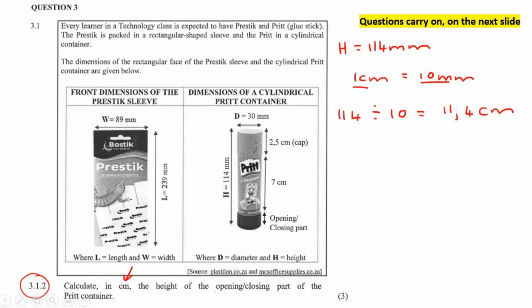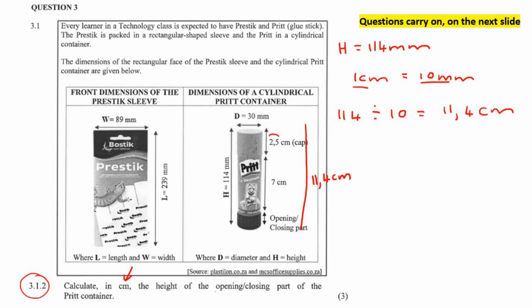Now, we know that this part is 2.5, and we know that this part is 7. If you look on this side, we can use that information to help us work out this part over here, because we know that this entire length from top to bottom is 11.4 centimeters, the same as on this side.